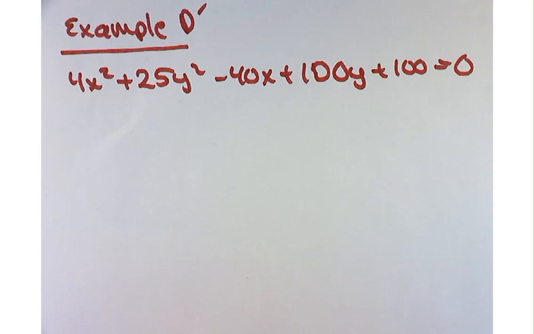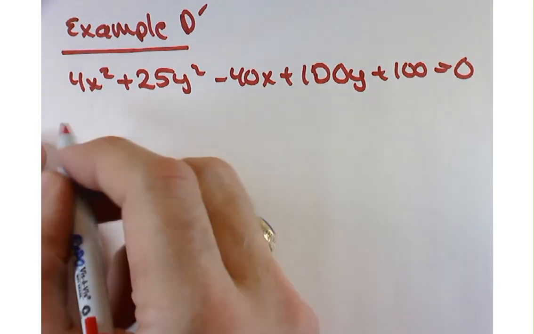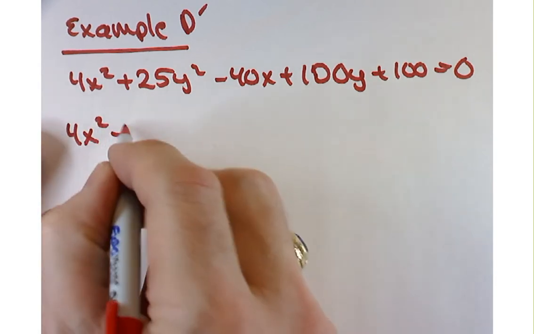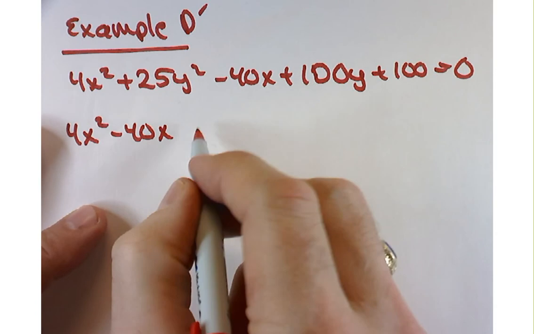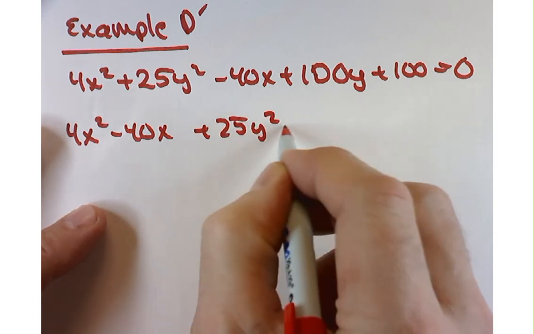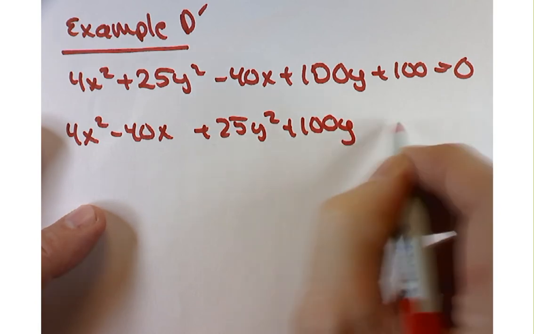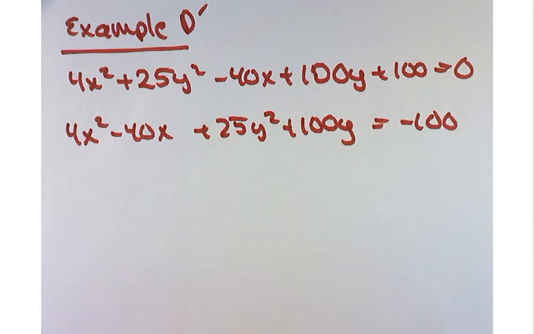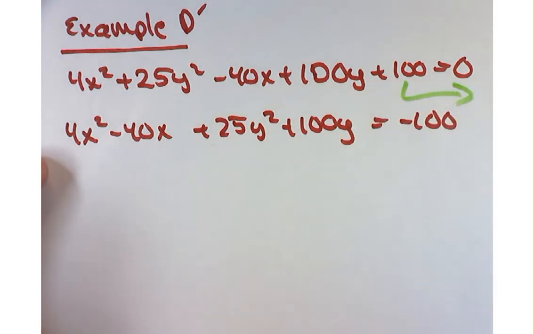But in our case, we got a lot of work to do. And this is the kind of work that you're going to do with example D on your sheet. Now the first thing I'm going to do is pull all the x's and y's together. And I'll move that 100 over to the right-hand side. Changes sides, changes signs, great.